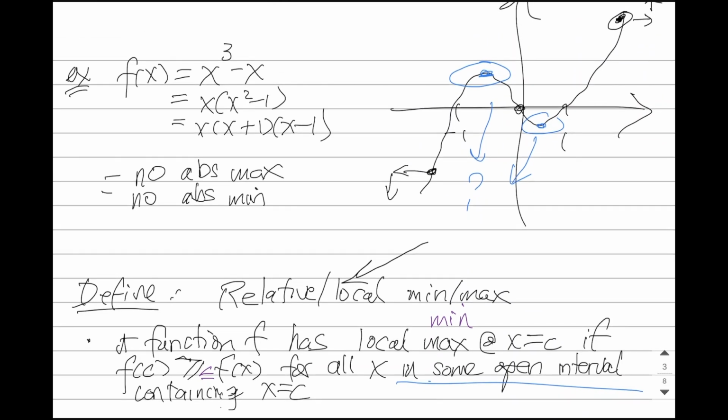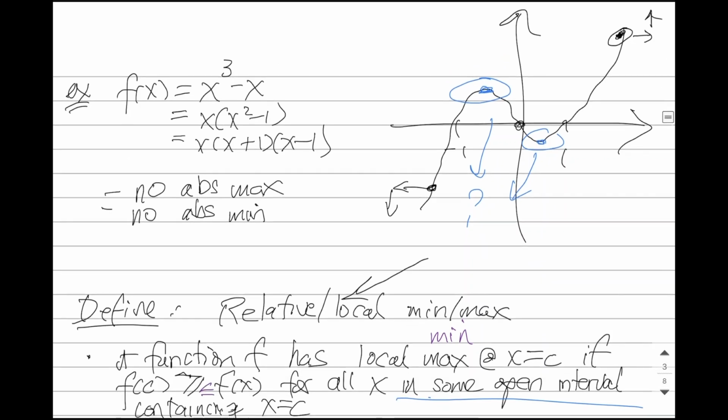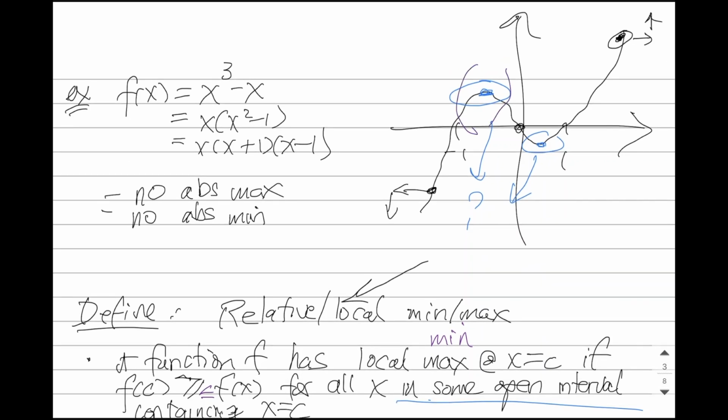An open interval in interval notation usually has round brackets. So you can imagine taking your hands and cupping it around a point. So for instance, if I were to take my hands and cup around this point, in this open interval, this point is higher than its local neighbors. Now, if I start making that open interval larger and larger, I'm eventually going to find some points that are higher than that.